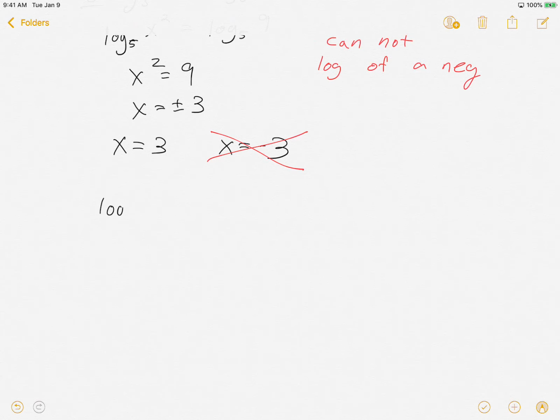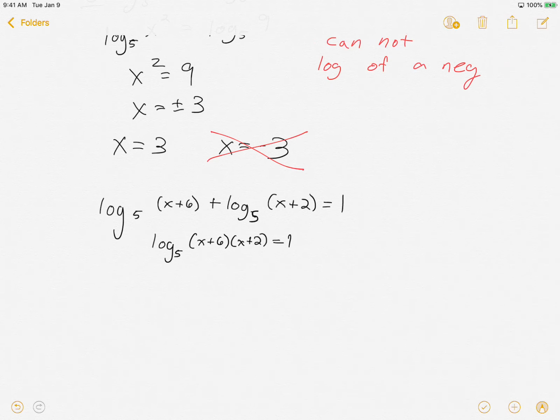Let's say I have log base 5 of x plus 6 plus log base 5 of x plus 2 equals 1. One of my log properties said if I have the same base and the two logs are added, I can multiply the arguments.